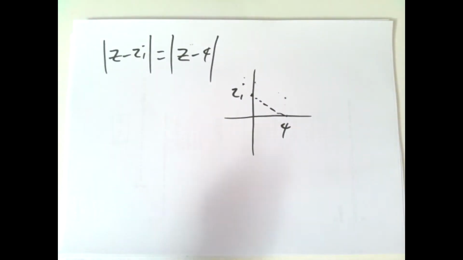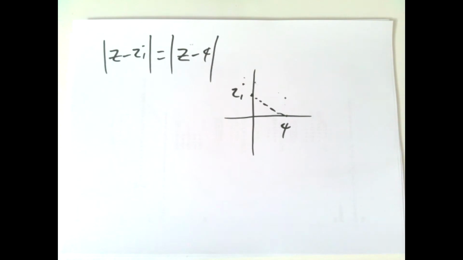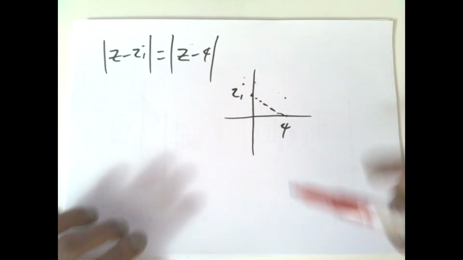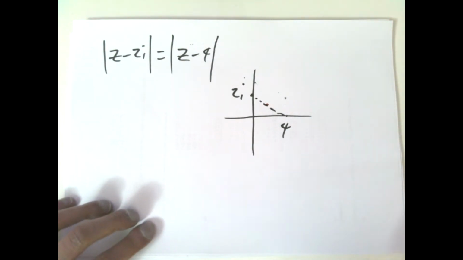Now, if we were to ask the question, where must z be to be equal distance from 2i and 4, you'd probably be saying that it's going to be the midpoint. And you'll not be wrong. However, this is not the only solution possible.